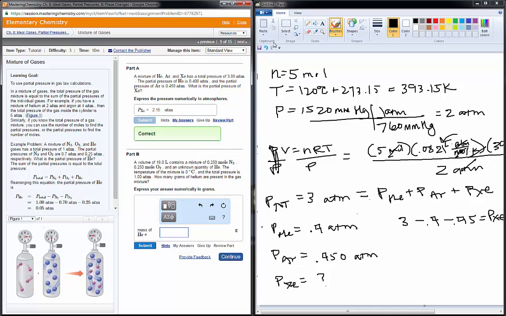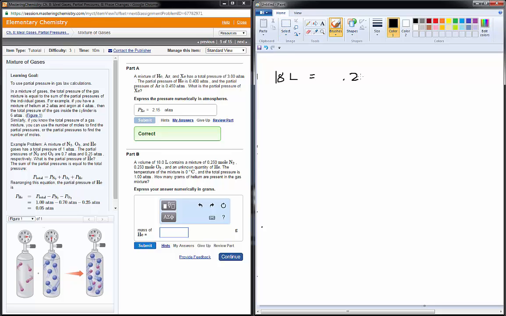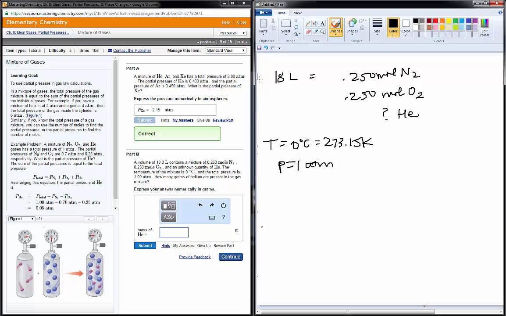Next, we've got a volume, 18 liters. This volume contains 0.250 moles of N2, 0.250 moles of O2, and an unknown quantity of helium. We're given that the temperature is 0 degrees Celsius, that's 273.15 K, and the total pressure is 1 atmosphere, and of course we're told the volume is 18 liters.